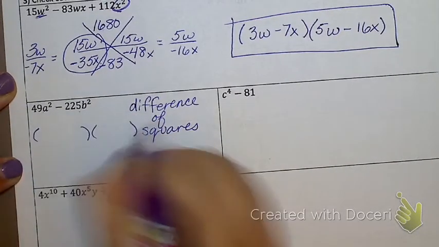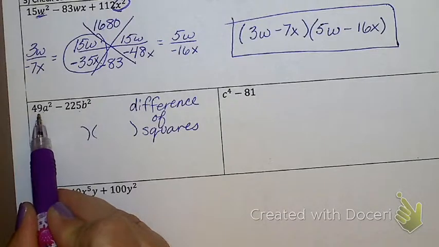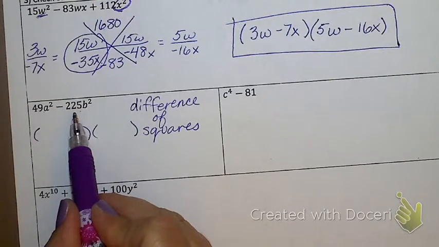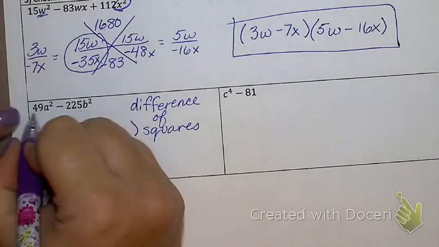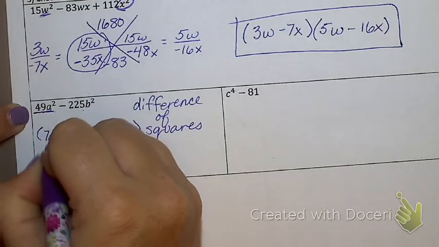How do I know? Well, I know that there's a number that when I square it gives me 49. What is that number? 7. And I know that there's a number when I square it gives me 225. What's that? Anyone know? 15. So, the square root of 49a squared is 7a.